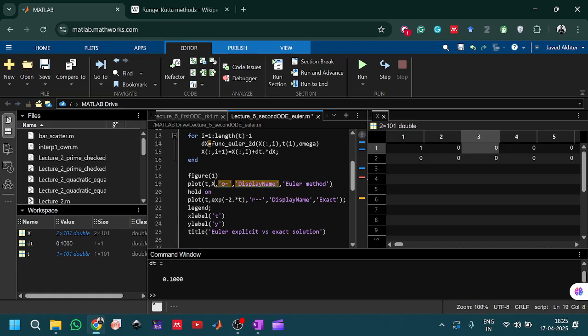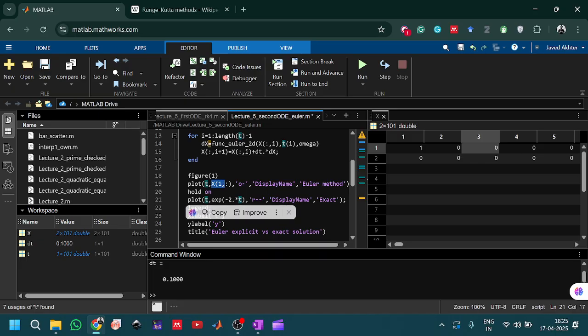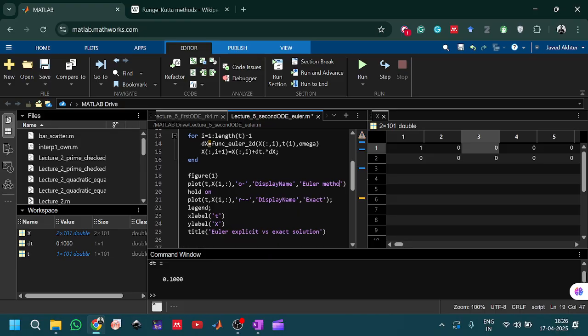Suppose you want to plot the first row and all the column values, and also the second row and all the column values. So this is your position, and this is your velocity.